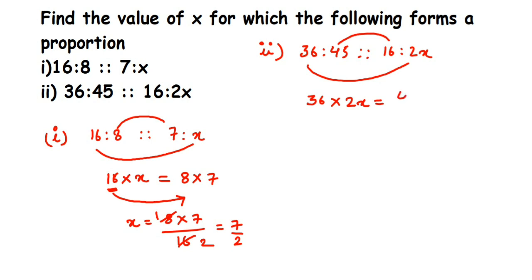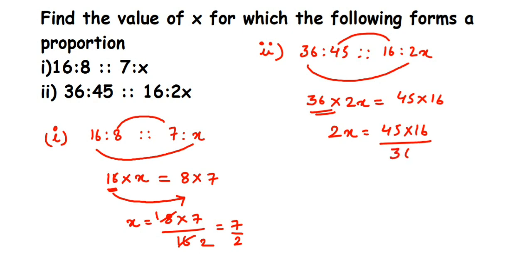So 45 multiplied by 16. Now we want the x value, so I'm going to transpose 36 and 2 to the other side. First let me transpose 36 to the other side. 36 is in multiplication, so when you transpose it to the other side it comes in division. So 2x is equal to 45 multiplied by 16 divided by 36.